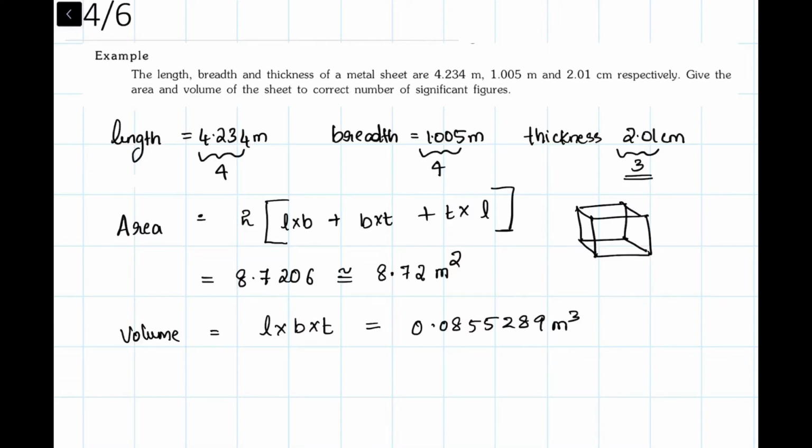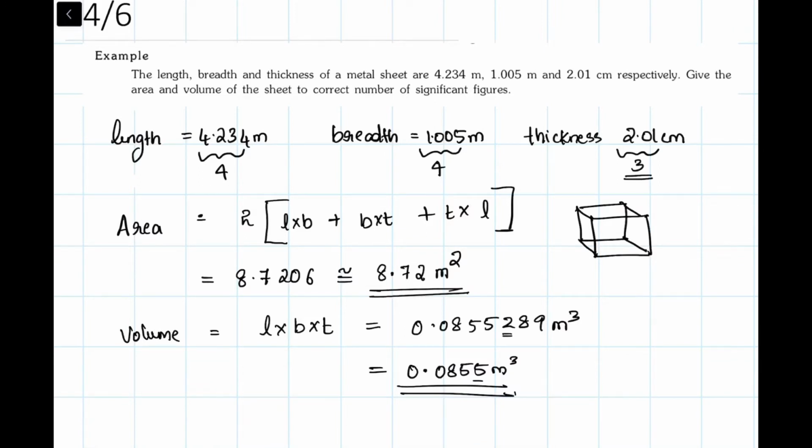This is the actual volume, but the answer once again should have only 3 significant figures. So the final answer will be 0.0855 meter cube. Understood? Because after 5 the number is 2, so it will not become 6, it will end up as 5 only. So the volume will be 0.0855 meter cube, and the area will be 8.72 meter square.